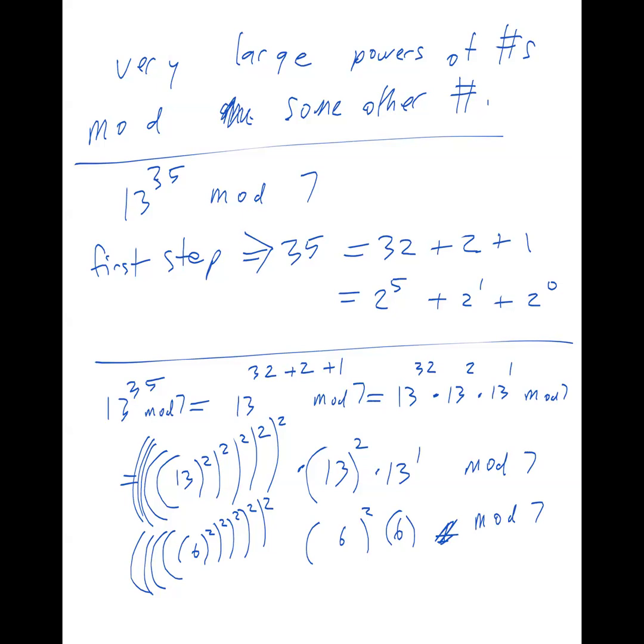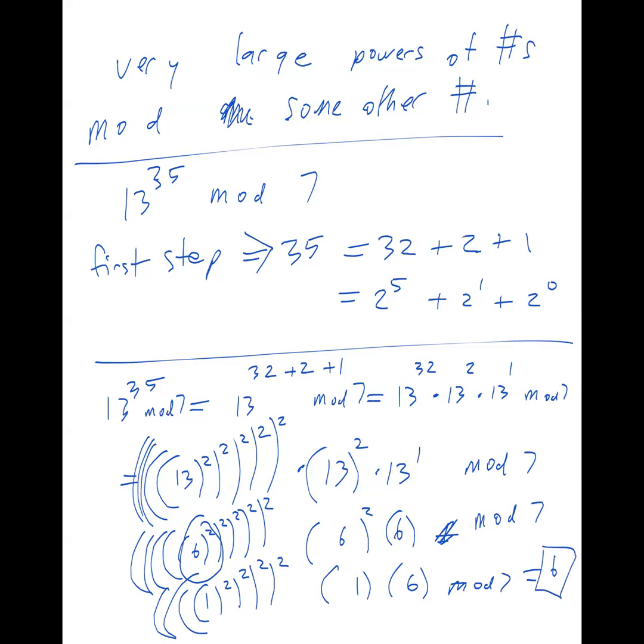So we can reduce the 6 squared to be just 1, and we can reduce that 6 squared to be 1. So then we get 1 squared squared, and there are only 4 squares left now. So we get 1 squared squared squared squared times 1 times 6. And 1 squared squared squared squared is still 1. So you get 1 times 1 times 6. It's just 6, right? So we just get 6 for that.